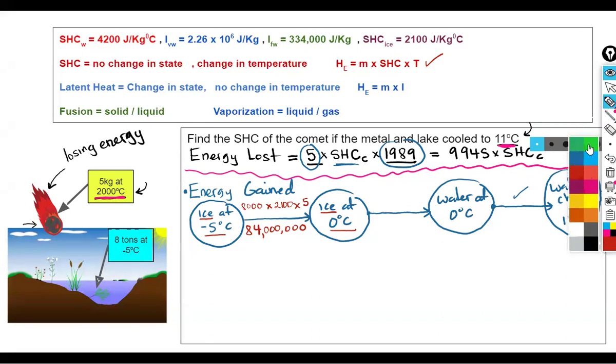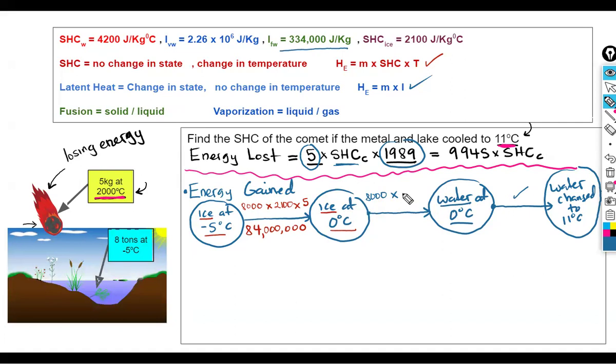Right. For the second part, it went from ice at 0 degrees Celsius to water. So there's a change in state here, but no change in temperature. Blue formula. The mass is still 8,000, and the latent heat of fusion of water to ice or ice to water, right?